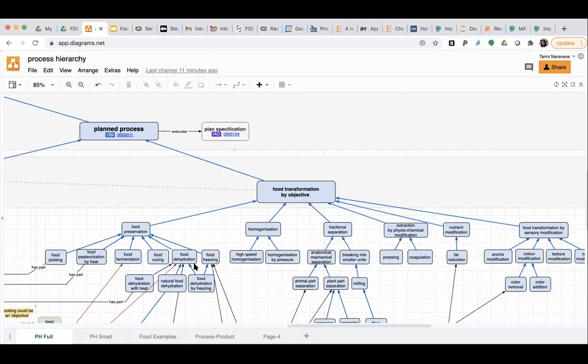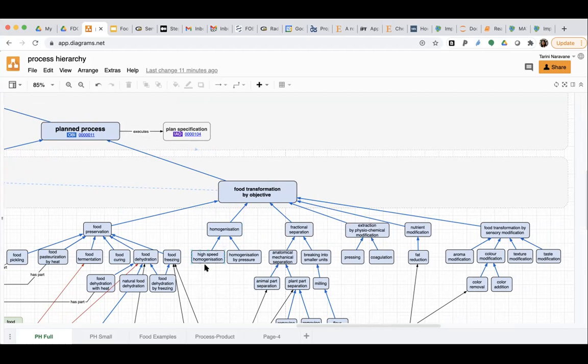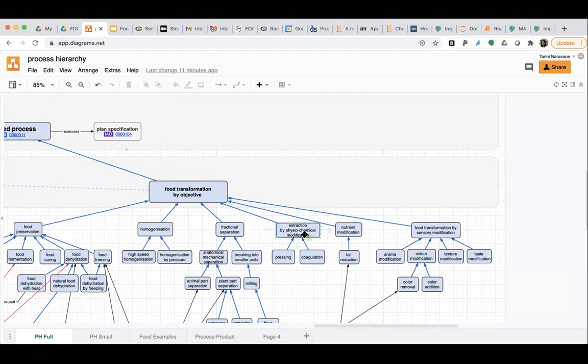There's a variety of methods of doing that: pickling the food, pasteurizing it, fermenting it, freezing it. Homogenization, again, you could homogenize with different kinds of energy, high speed or pressure. Separating something into its parts, extracting, modifying nutrients, or sensory modification.